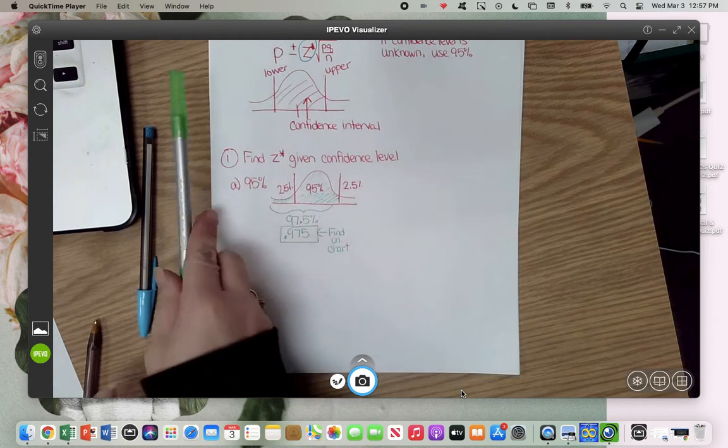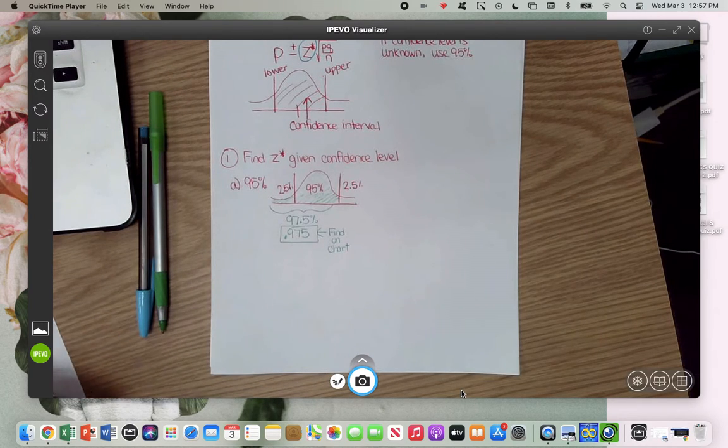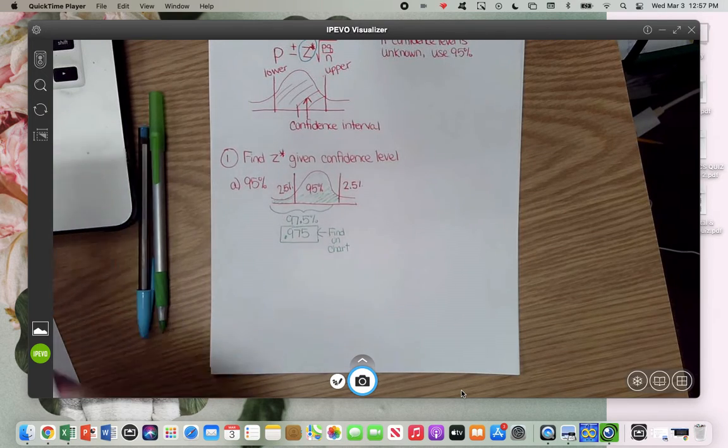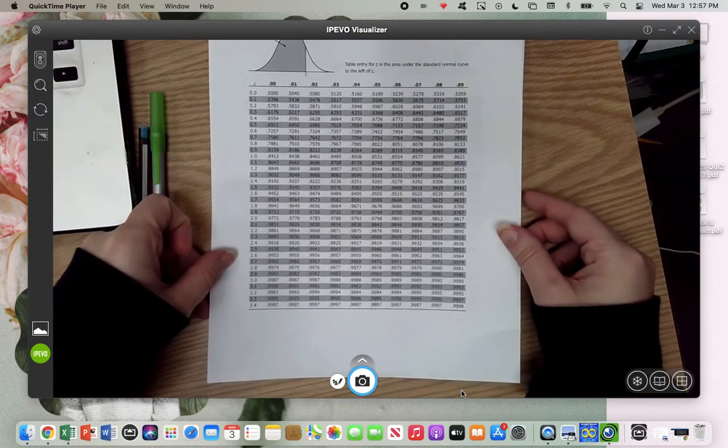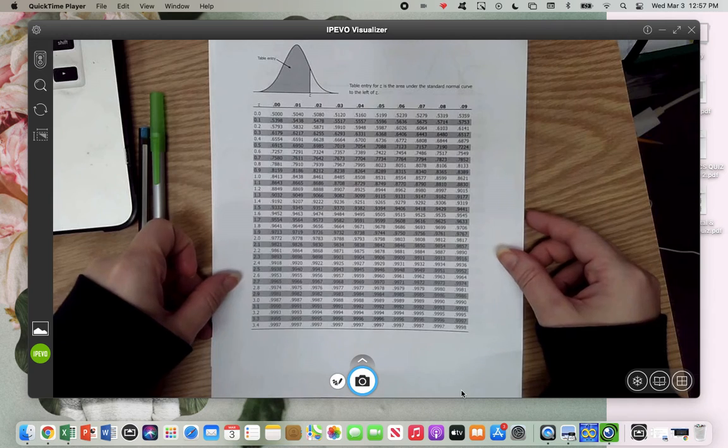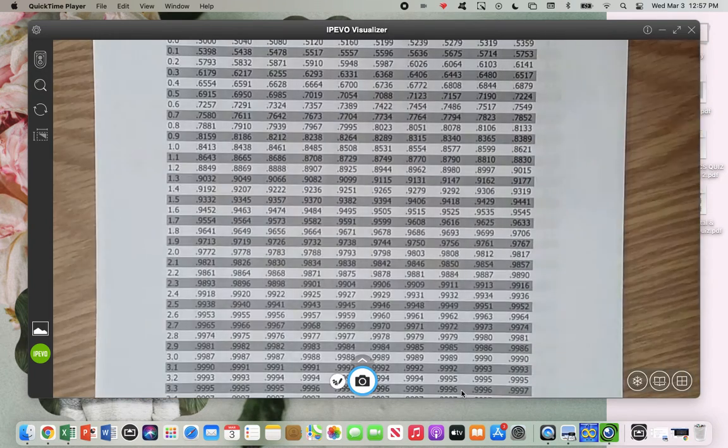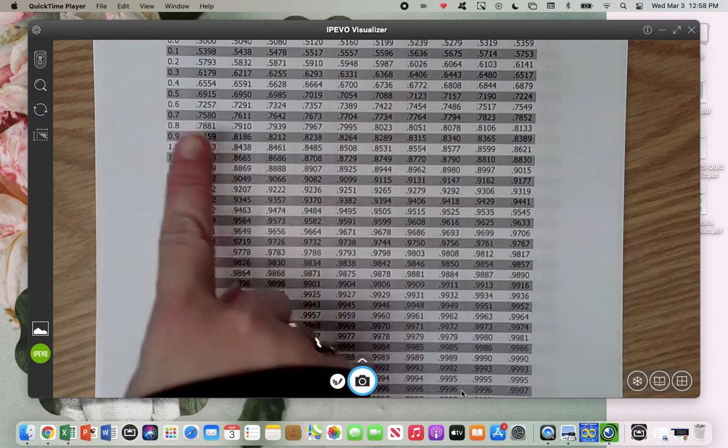So the percentages or the proportions are in the middle. And so what we want to do is zoom in. And I hate doing that because then you can't see the edges, but you want to try to find the closest thing to 0.975 that you can. So it is in order.